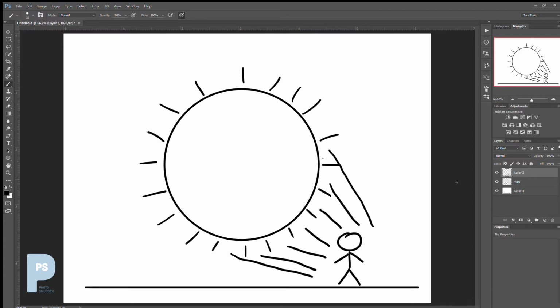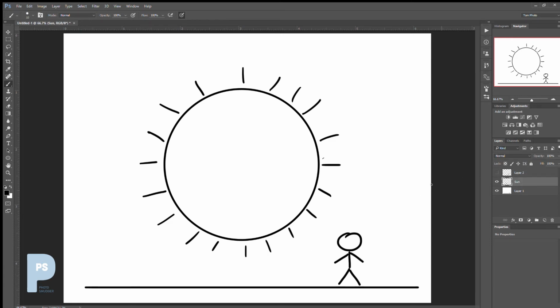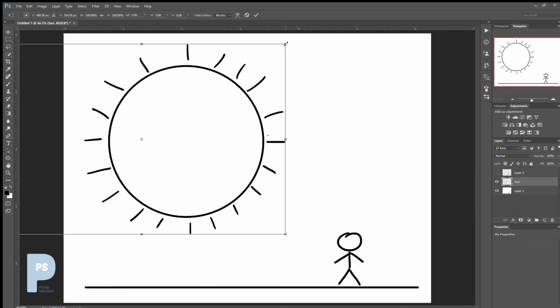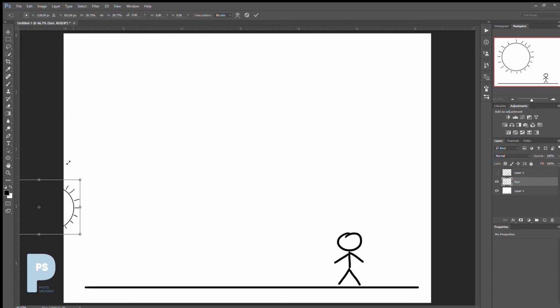Now, of course, obviously the sun can't be this close to a human being. That would be the end of life on Earth. Instead, the sun is, of course, much, much, much further away, and by comparison, if we use a bit of transformation here, it is considerably smaller.